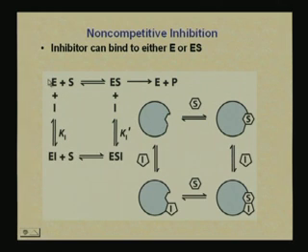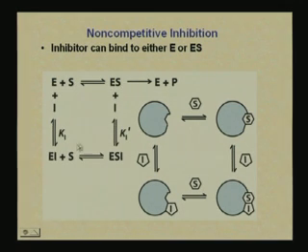Now what does this do? Basically, it affects the formation of the product. The inhibition of a reaction is going to affect how the substrate is eventually going to the product, okay? Because you have to have the enzyme substrate complex that is going to dissociate to form the product.